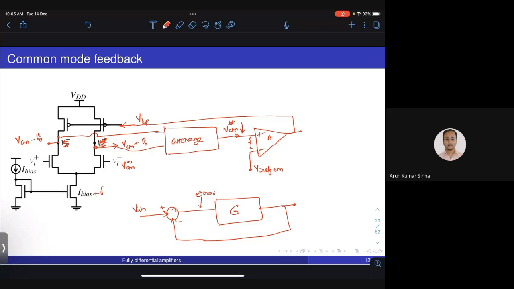So VCM will decrease if the voltage on the positive terminal reduces with respect to the reference. Then this voltage will fall. If this voltage falls, the VGS of this transistor is increasing, which will result in this current increasing. So what we have seen is that if the tail current is slightly more than what it should be, the output common mode will fall.